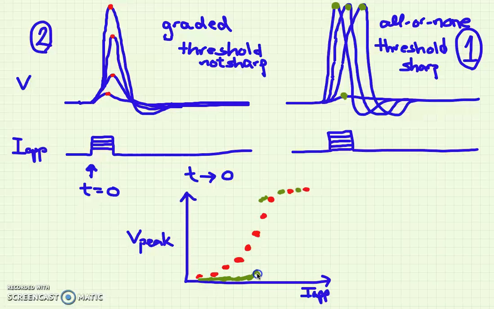And let me just fill this in like this. And in the other case, you might see a response that looks like this. Okay, now the red response is graded, and the green response is all or none.